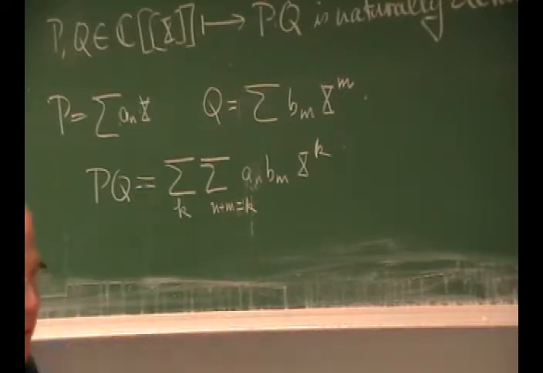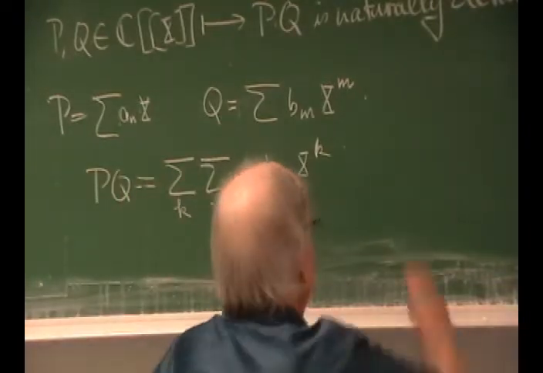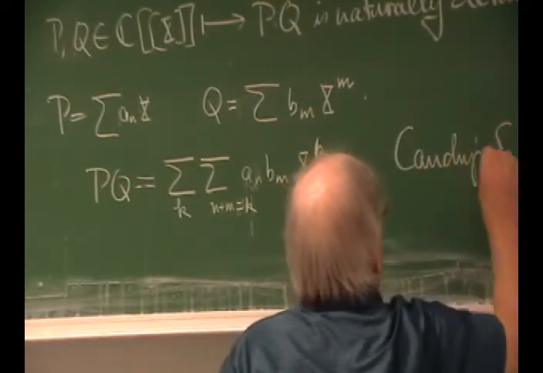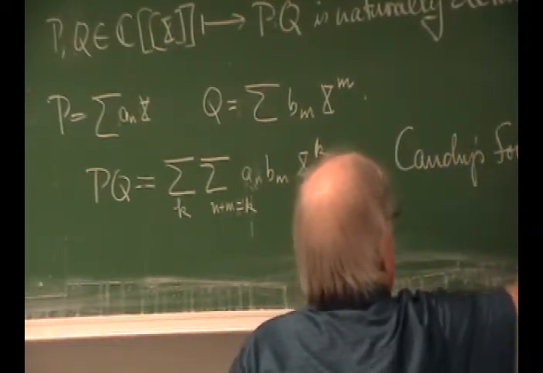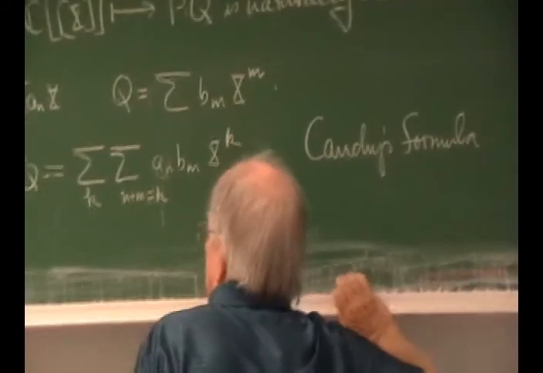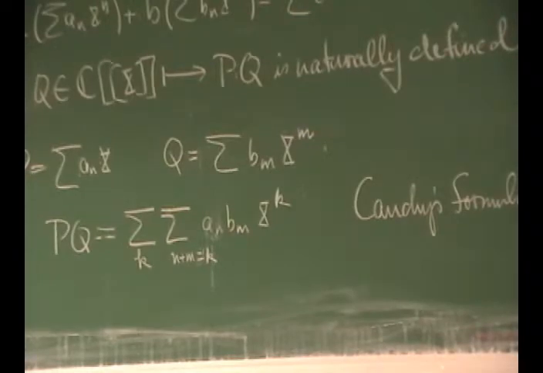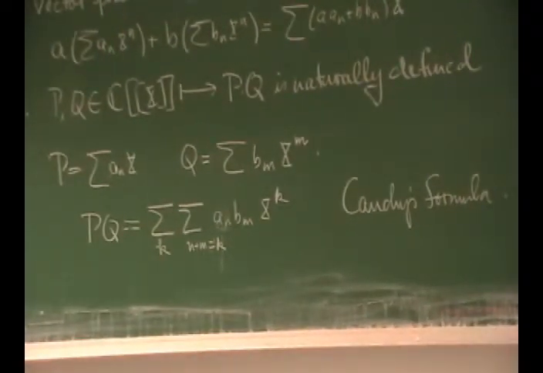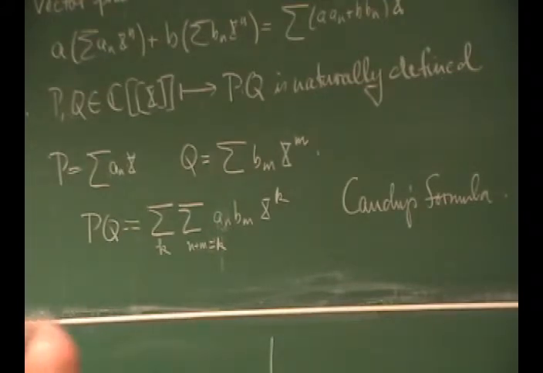This is called Cauchy's formula. So this thing is an algebra because it has these two operations and they're very compatible, and it's a wonderful thing.